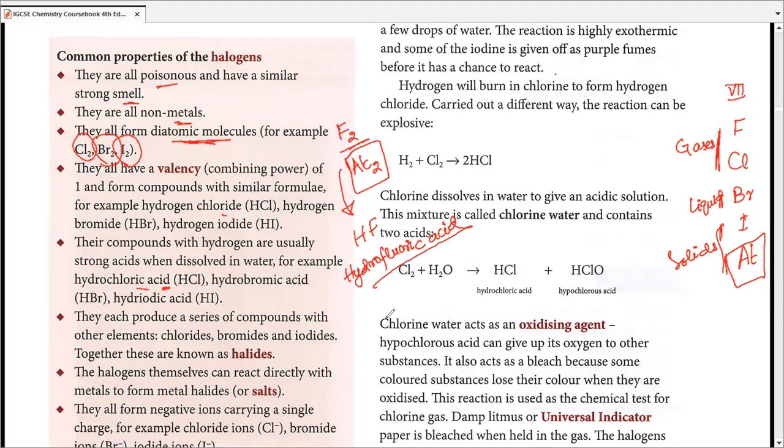Yes, sir. So what would HAt form? Now this is a compound. So when dissolved in water, what would HAt be known as?